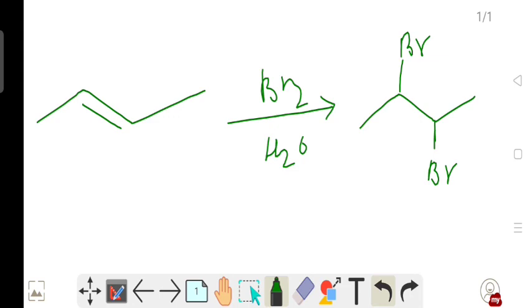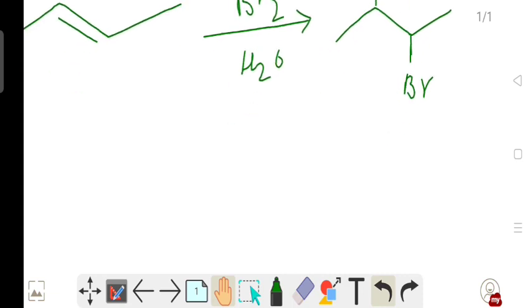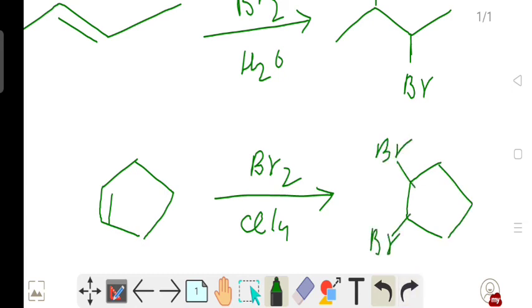After adding the bromine, you get the vicinal dibromo compound. If we take this molecule again and use bromine and CCl4, then the product will have two bromines attached here. So this is bromine addition to the double bond.